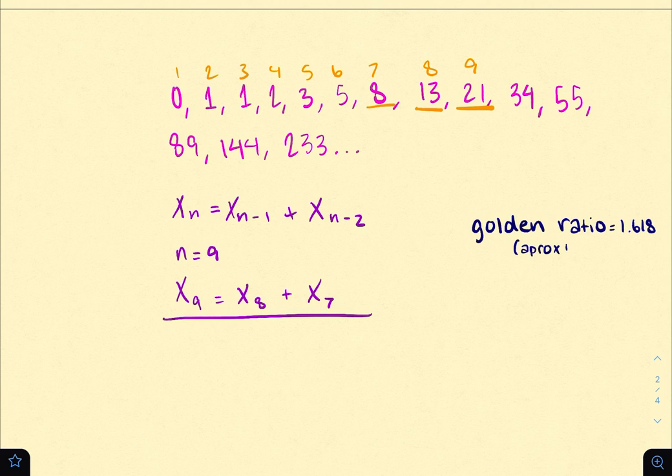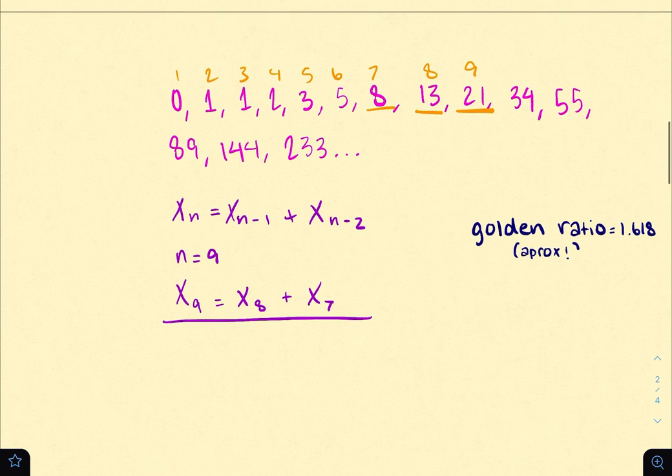Now it's not exactly 1.618, but it's approximately that. So the golden ratio is approximately 1.618. And if you divide any two numbers that are right next to each other, you get a number that's very close to that. Now note that the bigger numbers get you much closer to the golden ratio than the smaller numbers.